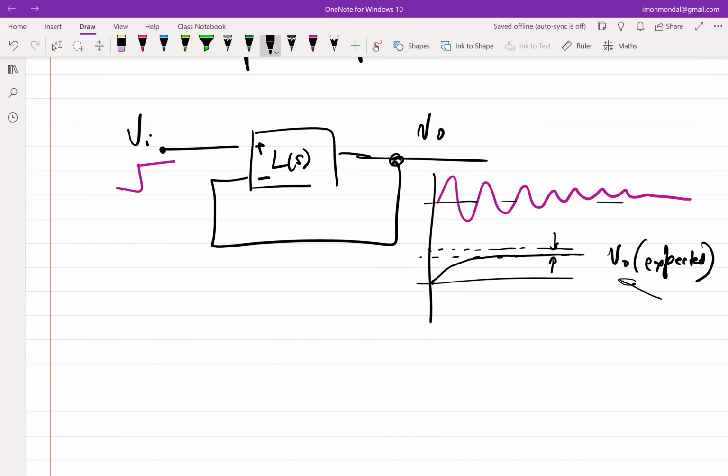Okay, that's a good question. His question is, it seems like there is a problem with high gain. If A0 goes to infinity, whatever be the location of P1, P2, zeta tends to go to 0, right?